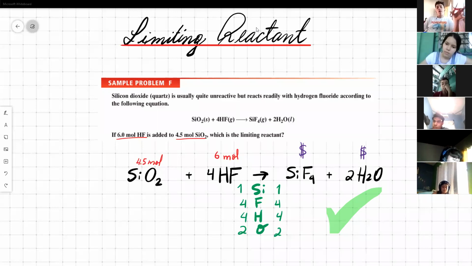I'm asking about the product, okay? Silicon tetrafluoride or water? Silicon tetrafluoride. Yes. Imagine that I give you $150 to produce water, a glass of water. That is very expensive for a glass of water, right?